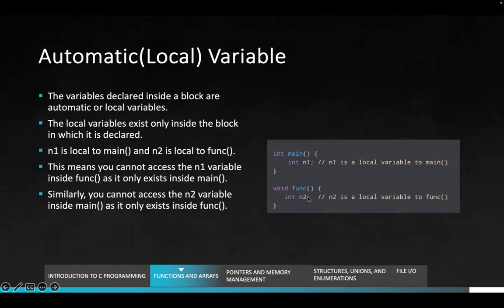You cannot use the value associated to the variable n2 in the main function because it is a local variable present inside the function. Only the instructions under the function can use it. This means you cannot access the n1 or n2 variables from either of the other functions. The scope of this local variable is defined in the function call.